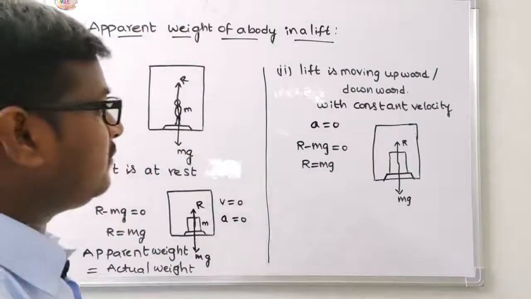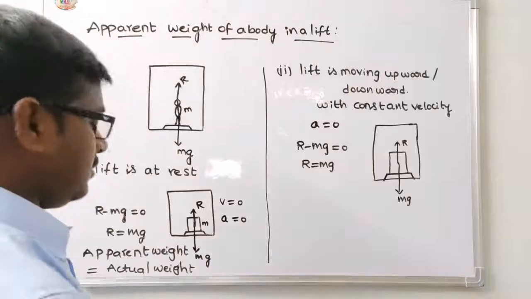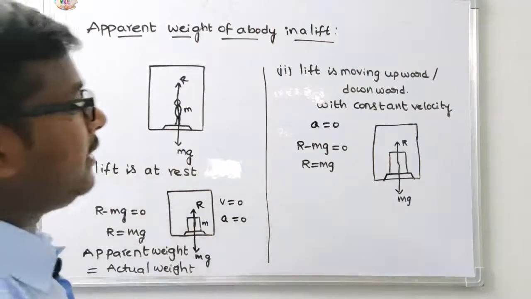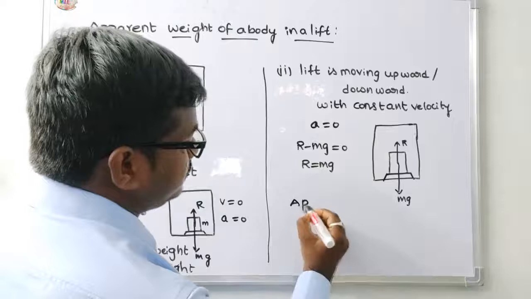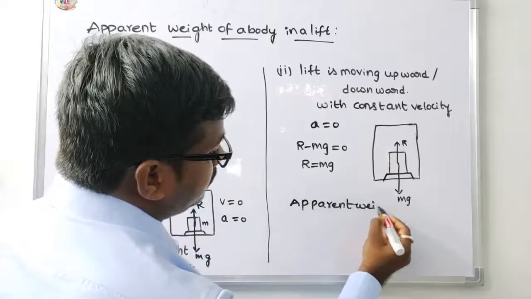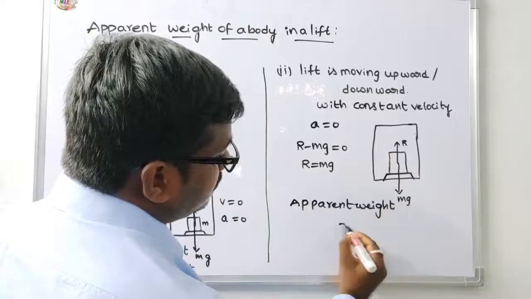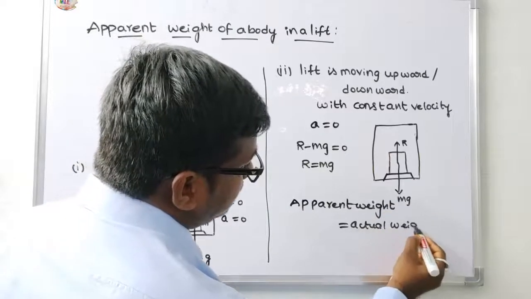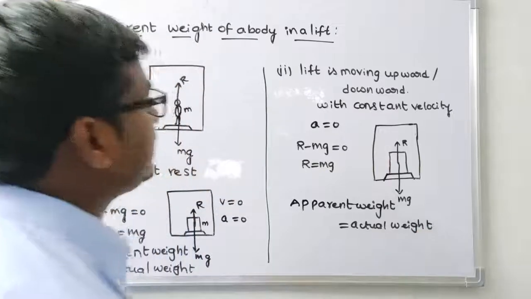The apparent weight is equal to the actual weight. This is the second condition.